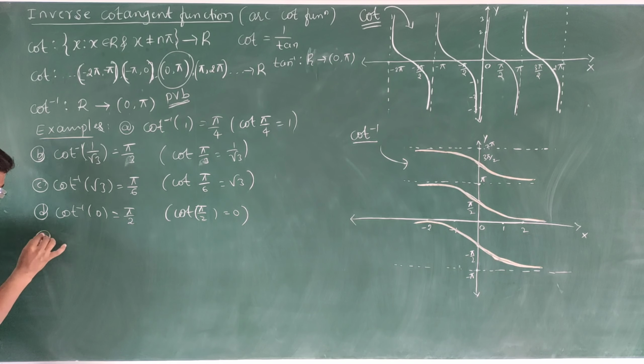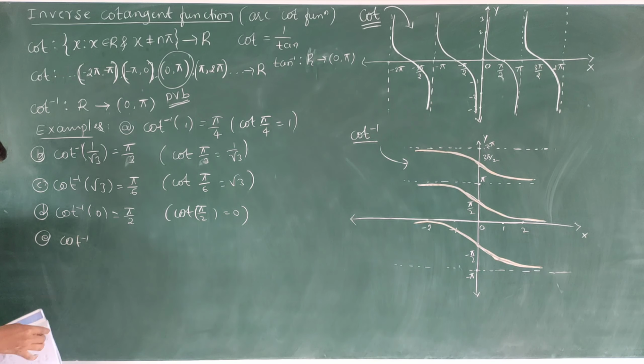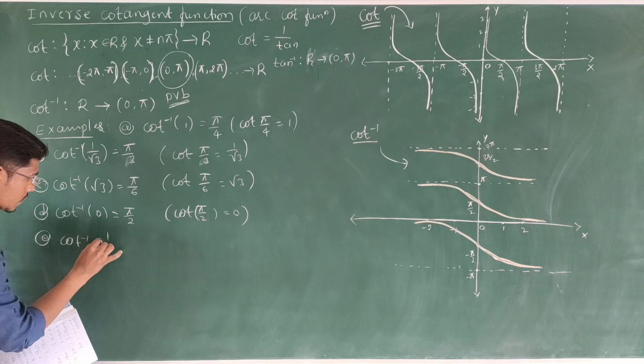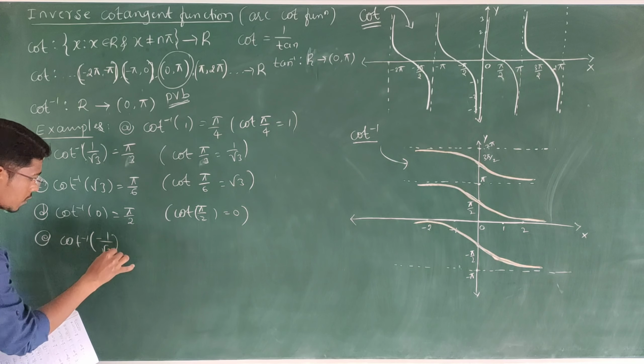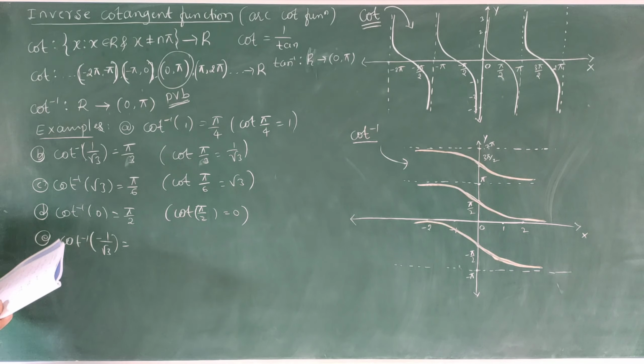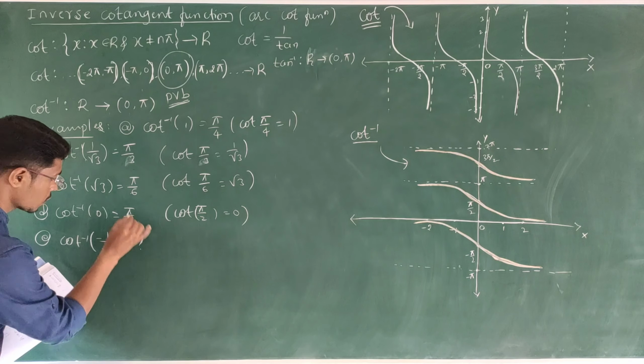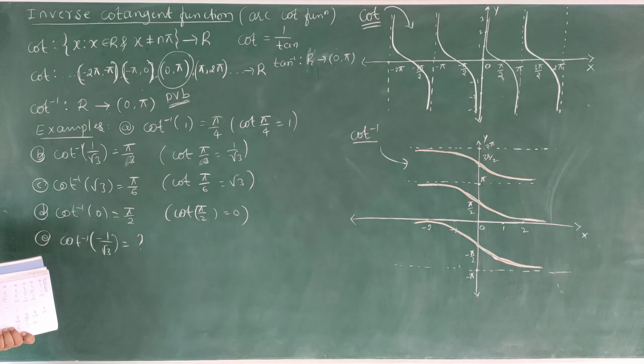And one negative value I will solve: cot inverse of minus 1 divided by root 3 is equal to what? In which quadrant is it negative? 0 to pi means we have to take the first or second quadrant only.